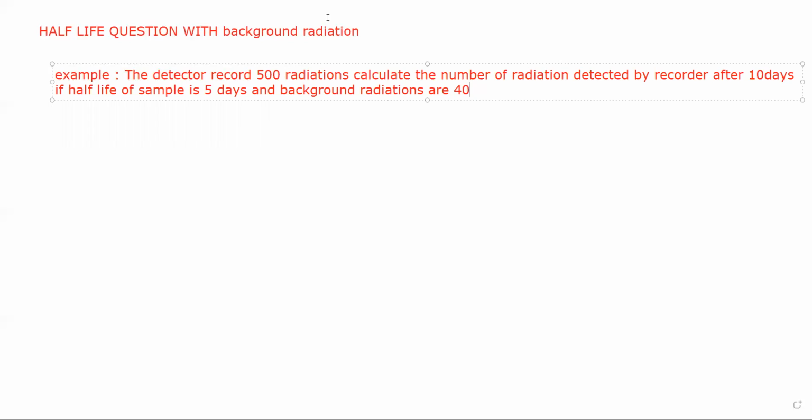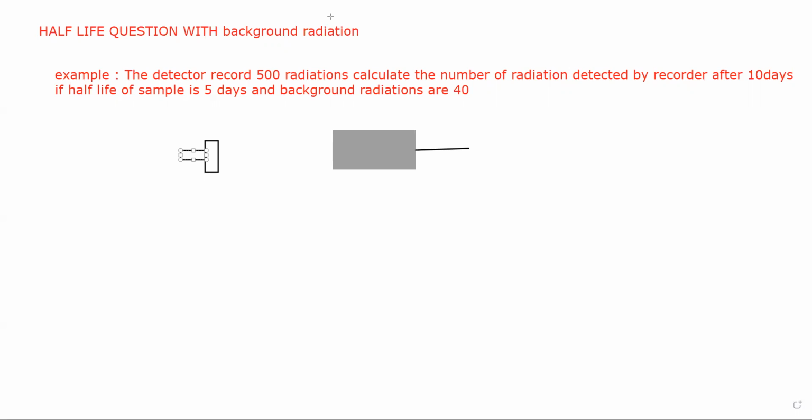So basically, what is the detector recording? The detector is recording two things. Number one, it is recording the radiation from the source, and it is also recording the radiation from the surrounding. So a detector gives both radiations, from the source as well as the surrounding.